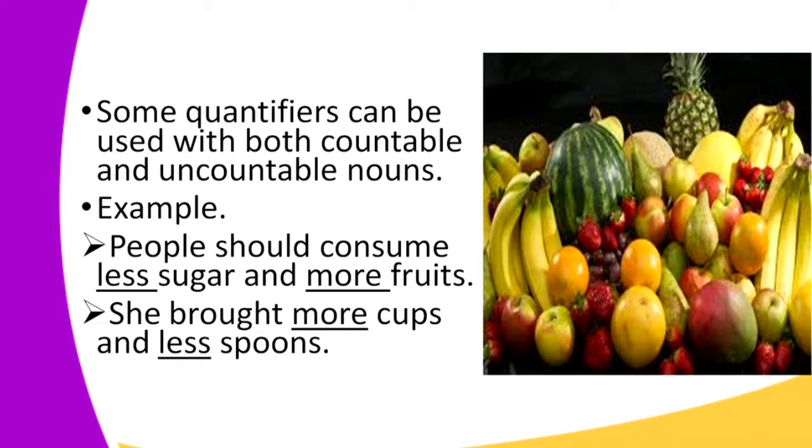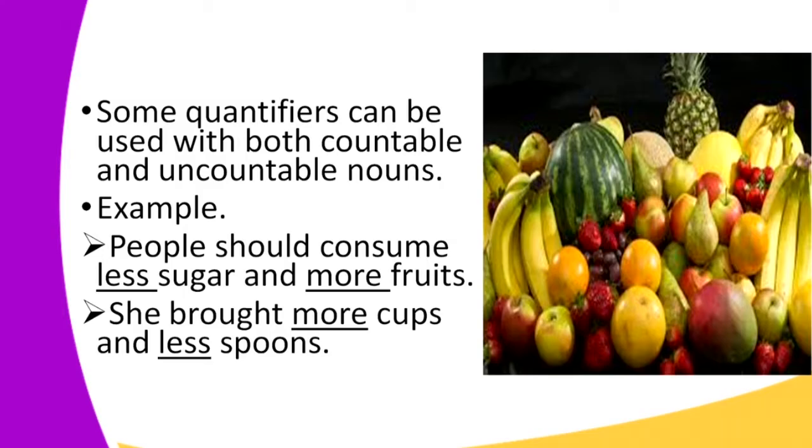Next we have more fruits. Fruits are countable. We can say 1 fruit, 2 fruits, 3 fruits, but still we are using a quantifier, more. Next we have, she brought more cups and less spoons. More cups used with countable nouns, cups, and less used with countable nouns, spoons.